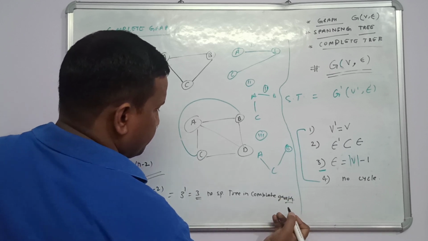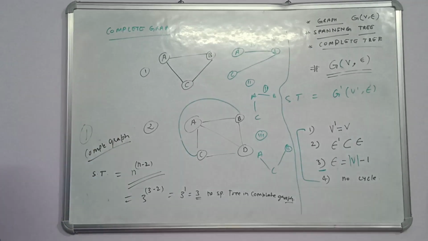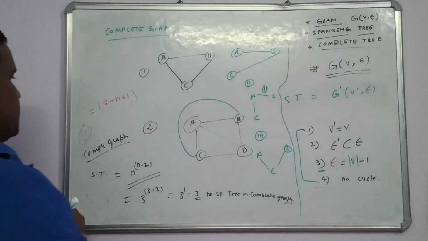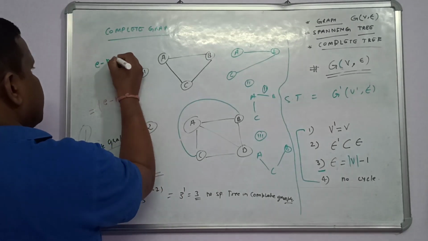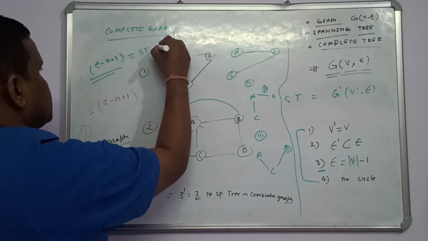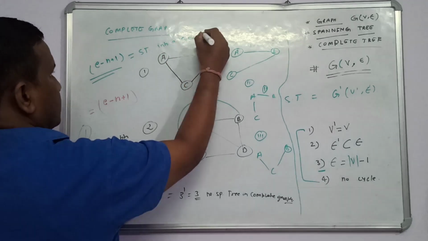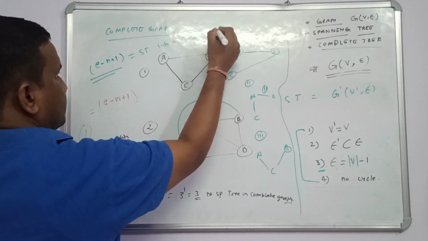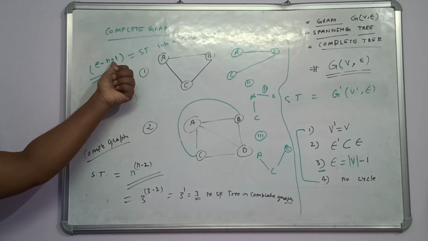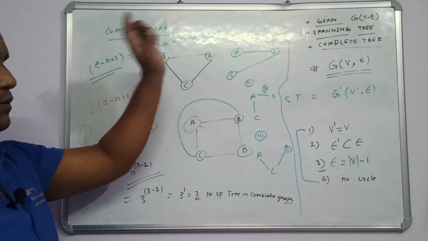Okay, one more important aspect about the complete graph is, after removing how many edges can we get a spanning tree? E minus n plus 1 edges. After removing E minus n plus 1 edges, we can form a spanning tree from a complete graph.